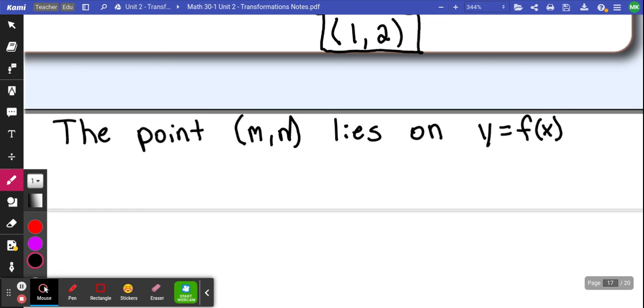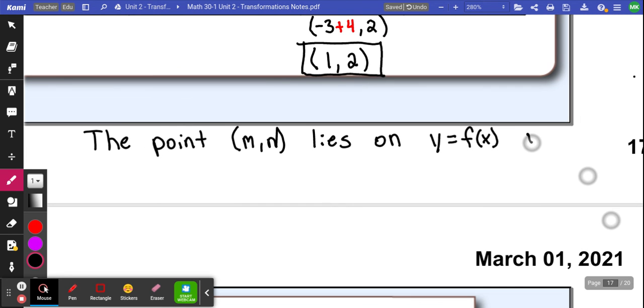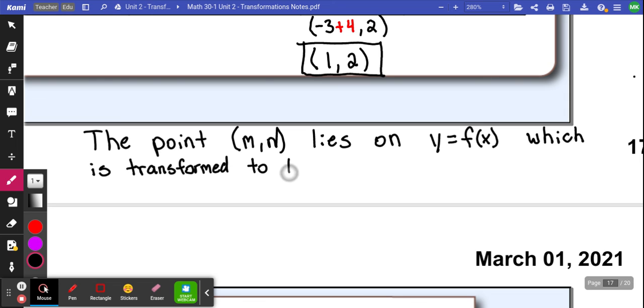So the mn is on the original function, which is transformed to become y equals f 2x plus 8.